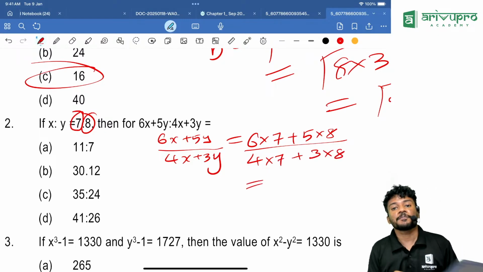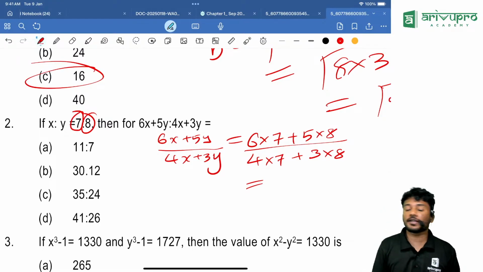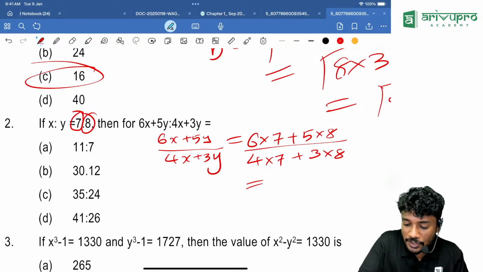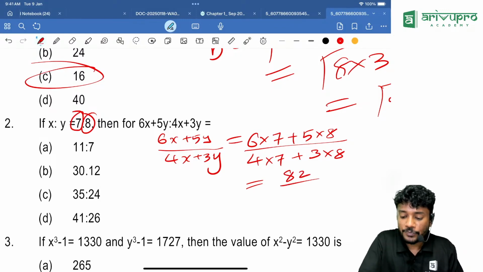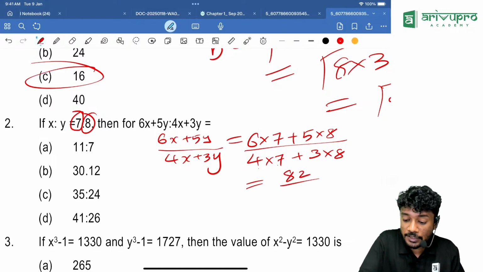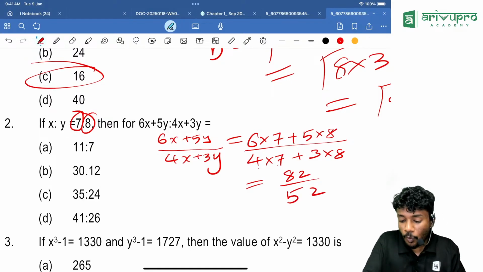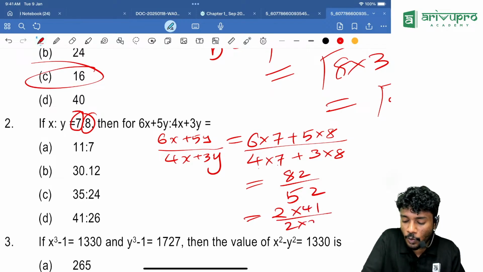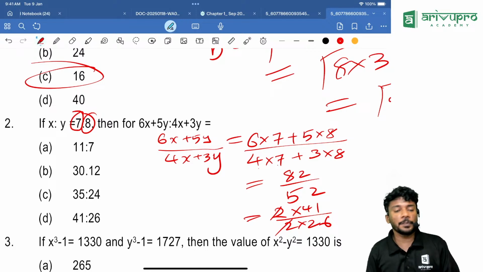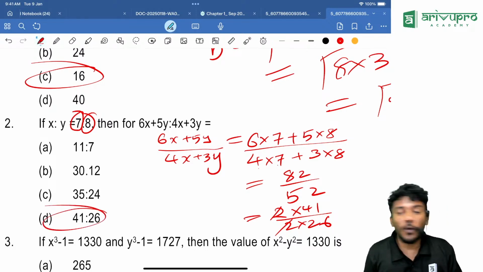Take the calculator and calculate it. That is 42 plus 40, that is 82, divided by 28 plus 24, that is 52. So 2 is common: 2 into 41 divided by 2 into 26. Answer is 41 is to 26.